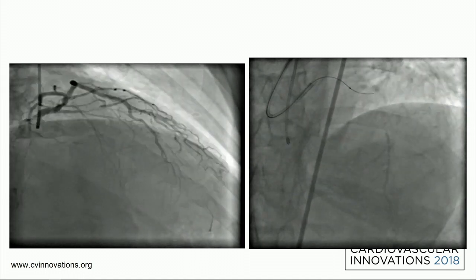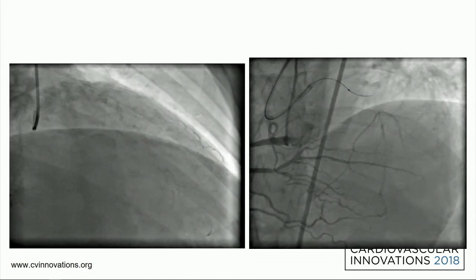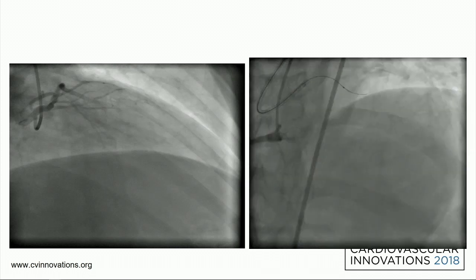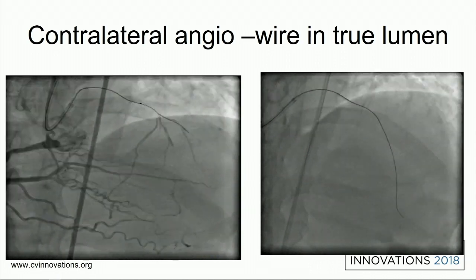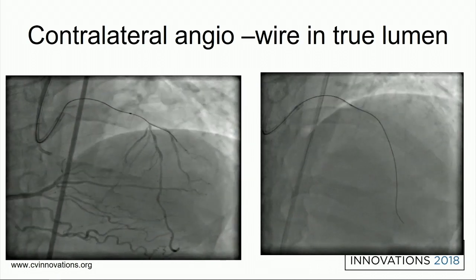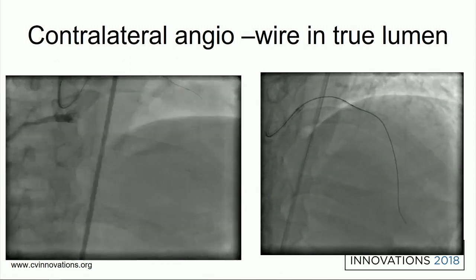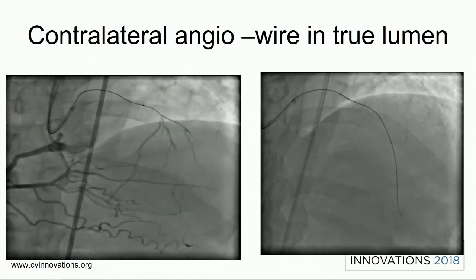So we used a microcatheter under a Fielder XT wire, and then we managed to get into the true lumen. We made sure that it's in the true lumen. Here it's in the diagonal now, so we pulled back and got it into the LAD.